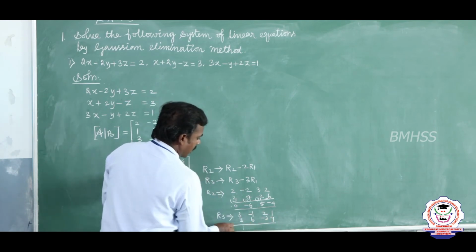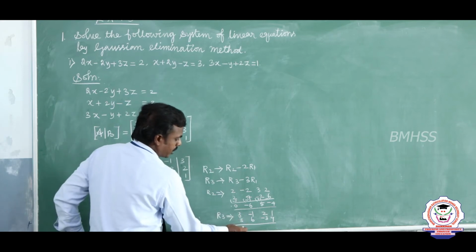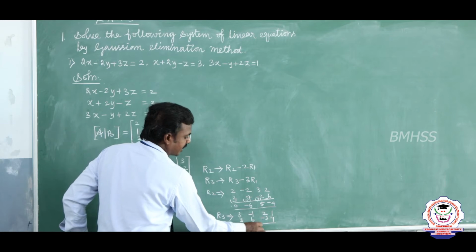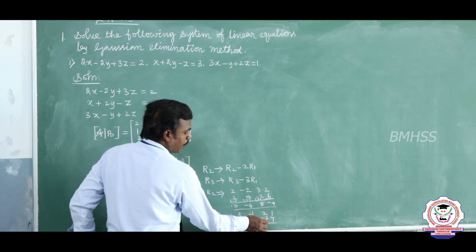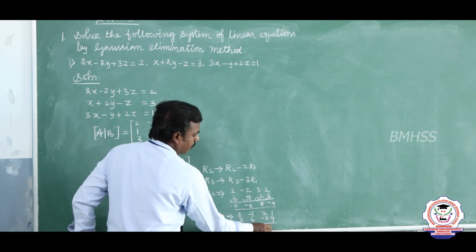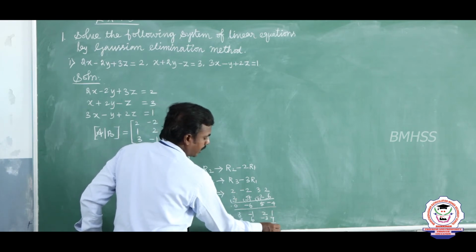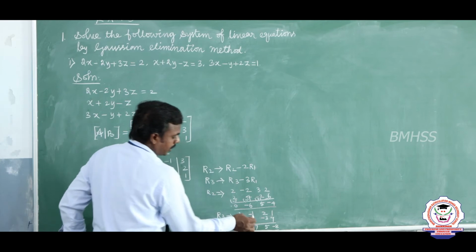Now I am going to subtract this. 3 minus 3 is 0. Minus 1 minus 6 is minus 7. Minus and minus make plus, so 2 plus 3 is 5. And 1 minus 9 is minus 8. These are the elements in the third row.